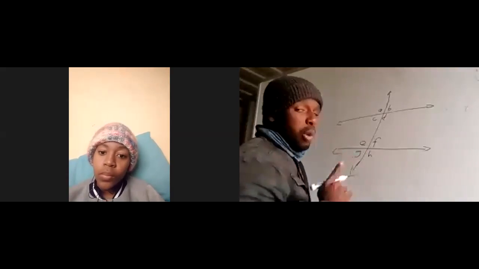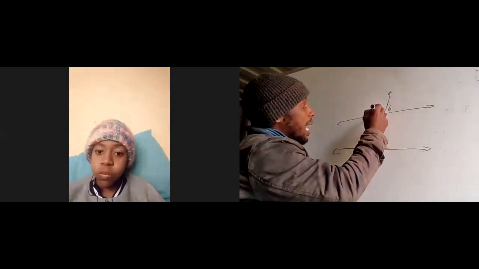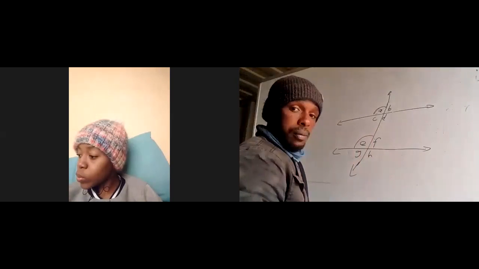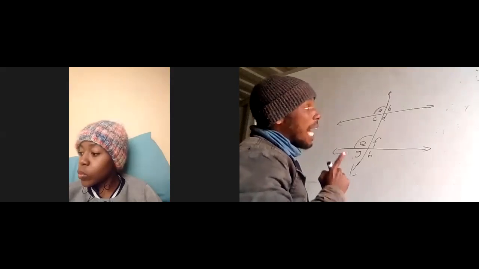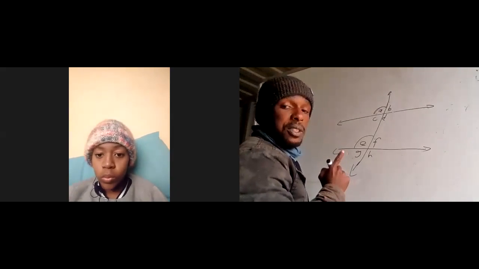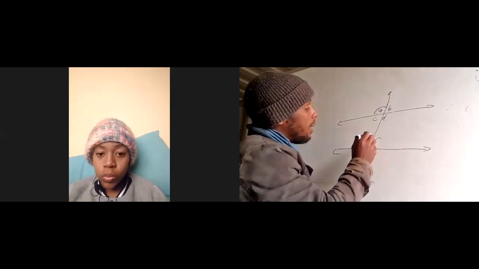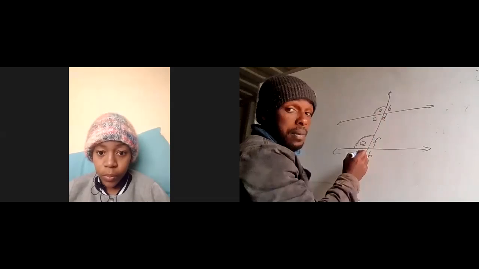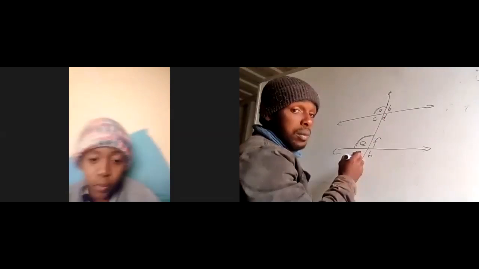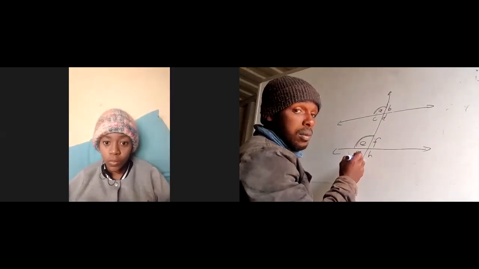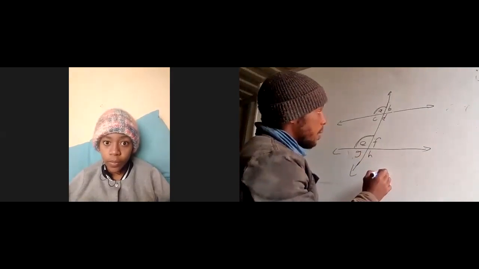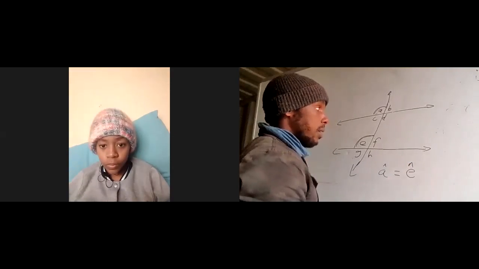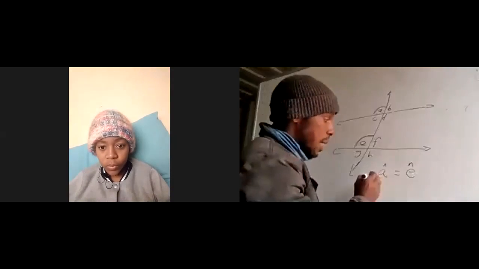Now, what else do we have on this diagram? Take angle A again. I like working with angle A. And take angle E. We say angle A is equal to angle E. This is my statement.